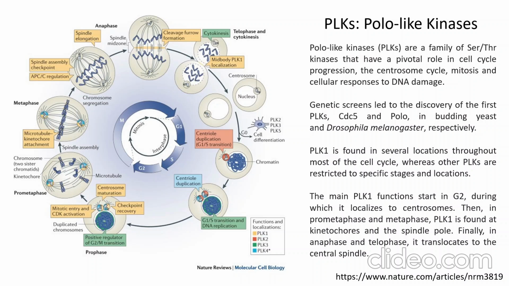This is a very important family, and you can see on the left from this image I took from this paper that they have so many functions, and there are different members of the PLK family as well, PLK 1, 2, 3, 4, and based on the color, you can see how they have different functions that are important for the cell cycle.